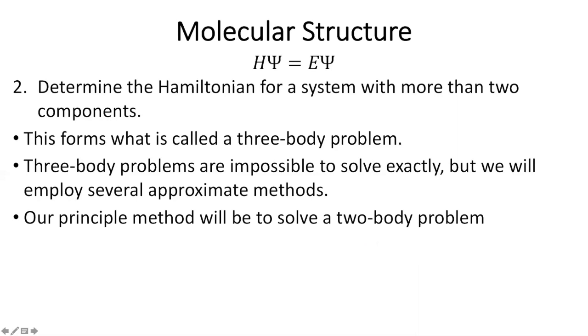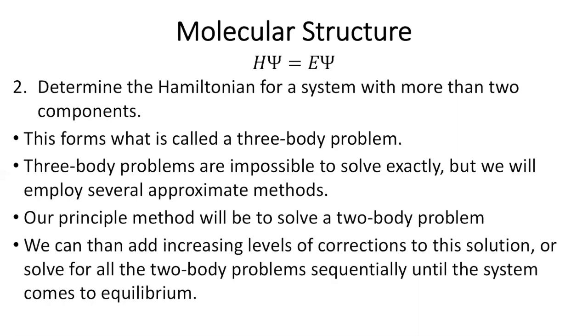Alternatively, what we can do is take our multi-body problem, our three or four-body problem, and separate it into a series of two-body problems that I can solve exactly, solve each one of those individually, and then bring this to an overall solution.